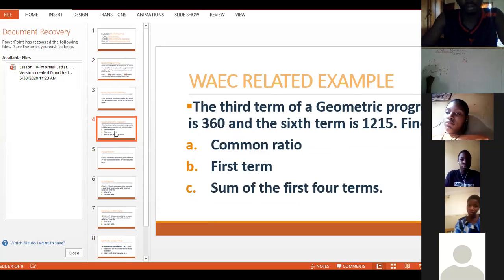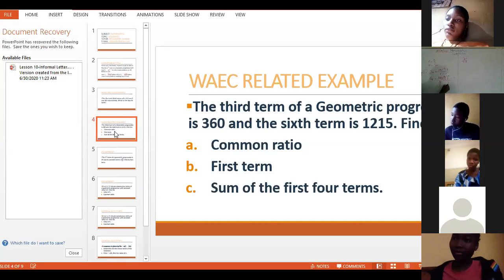So we have S4 is equal to a, a is 160, r is 3 over 2 raised to power n, and n is 4. So you have raised to power 4, then minus 1, all over r, again 3 over 2, then minus 1. So you work this out, you simplify this and get your answer.